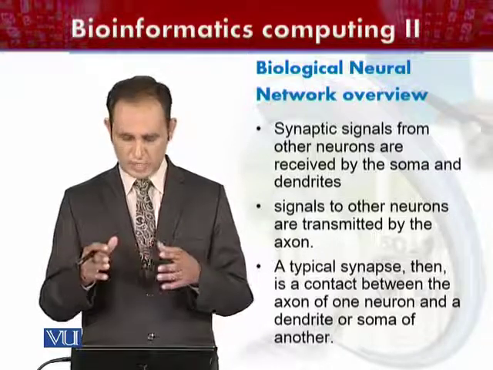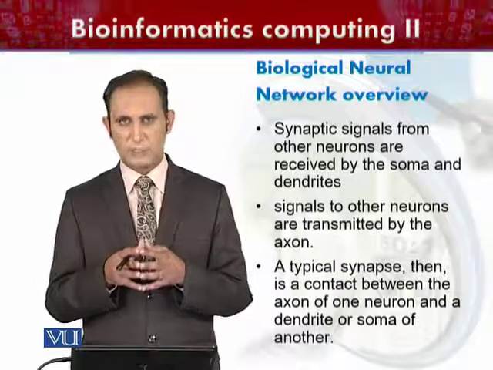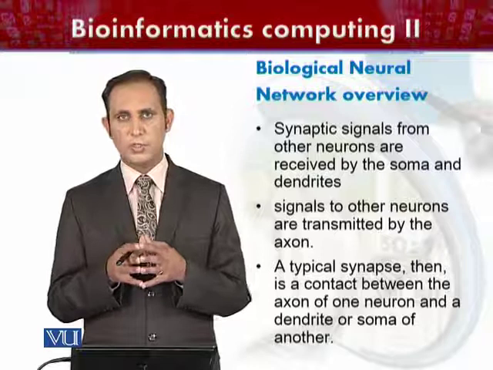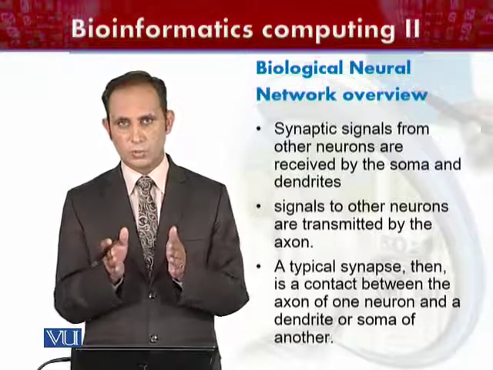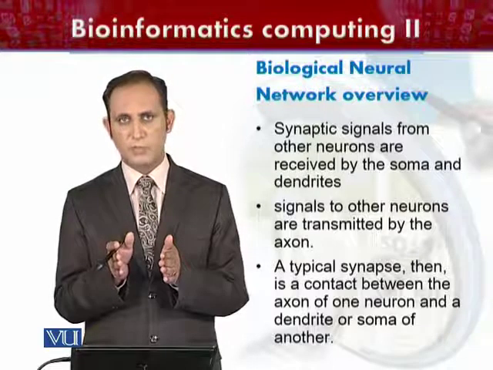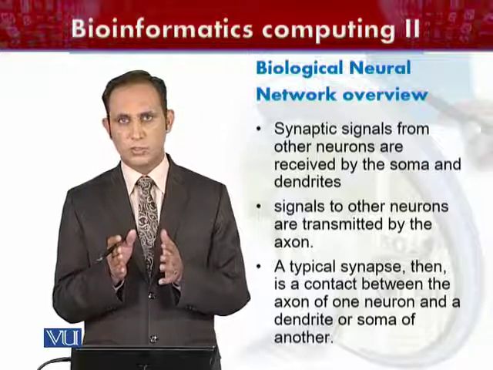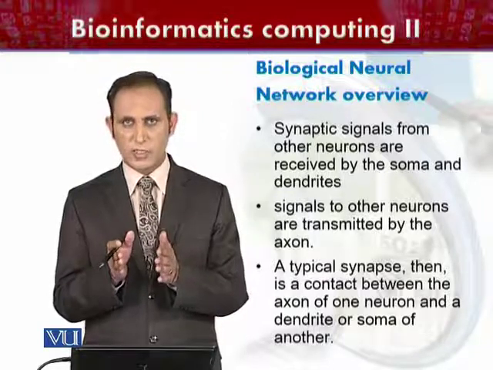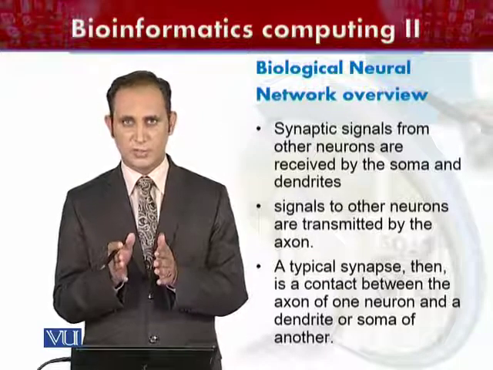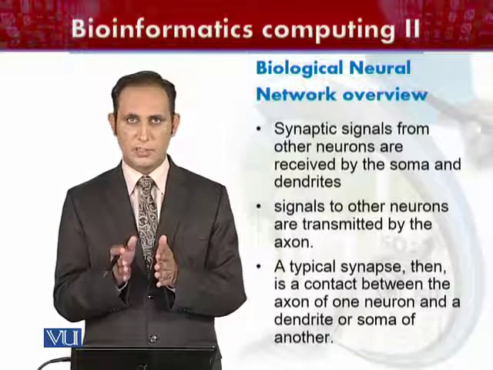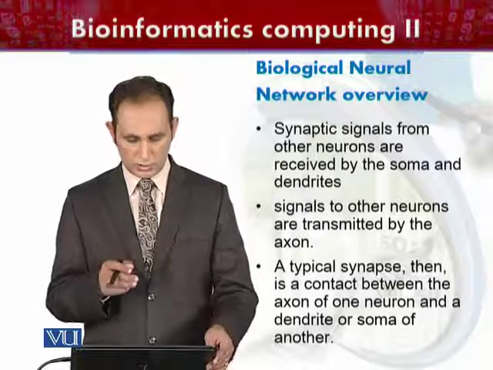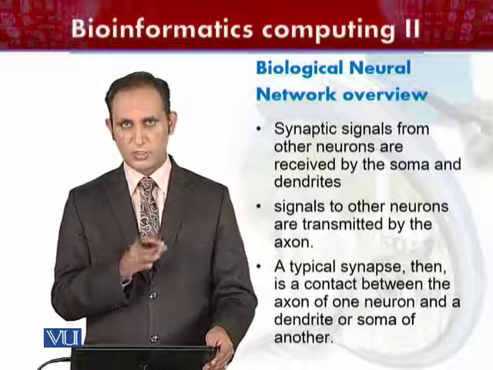A typical synapse is therefore a contact between two neighboring neurons. So there is a connection between them, and that's called a synapse. A synapse in a biological system is just a gap used for the transmission of a signal from one neuron to the other.